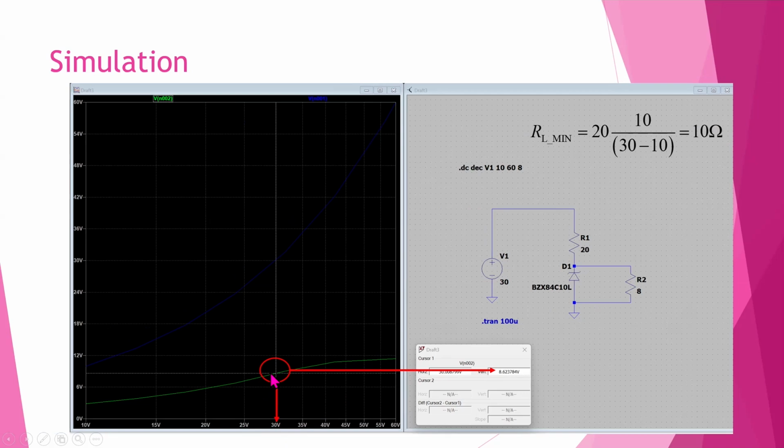Here you can see the load voltage, which is now 8.6, less than the expected value of 10 volt, which means this regulator doesn't work. It cannot be maintained at the regulated voltage, which is 10.